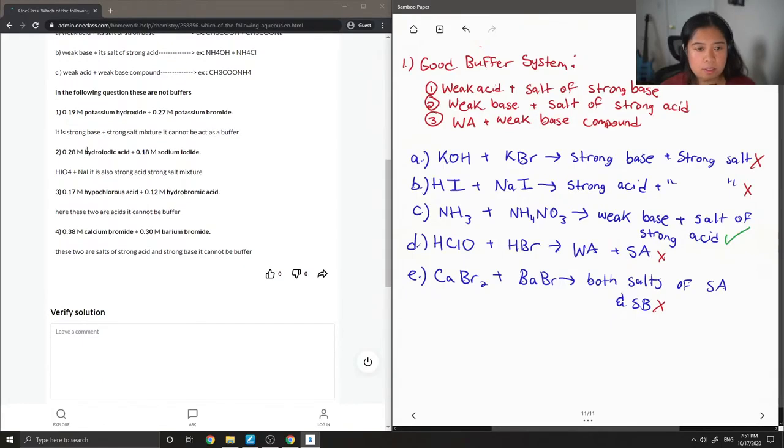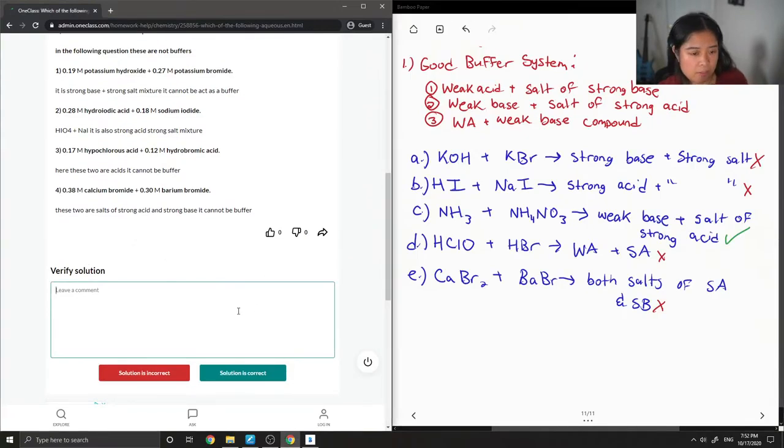For the other examples, potassium hydroxide, a strong base, and potassium bromide, a strong salt, cannot act as a buffer. Hydroiodic acid and sodium iodide are a strong acid and strong salt mixture. Hypochlorous acid and hydrobromic acid are two acids, so it cannot be a buffer. And lastly, calcium bromide and barium bromide are salts of strong acid and strong base, so it cannot be a buffer. So this solution is correct.